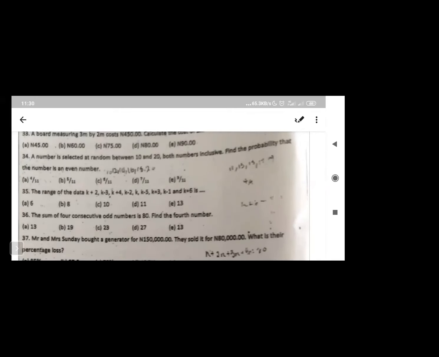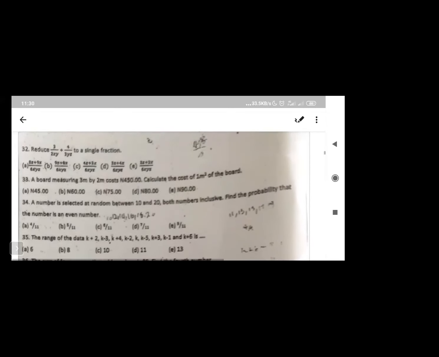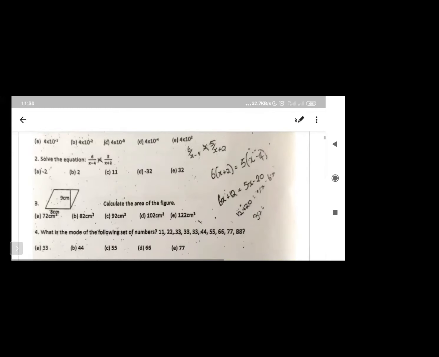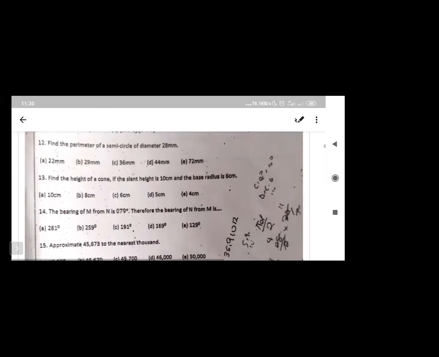The sum of 4 consecutive numbers. We have done that. Yes, part of what we did yesterday. I think those are the major ones.